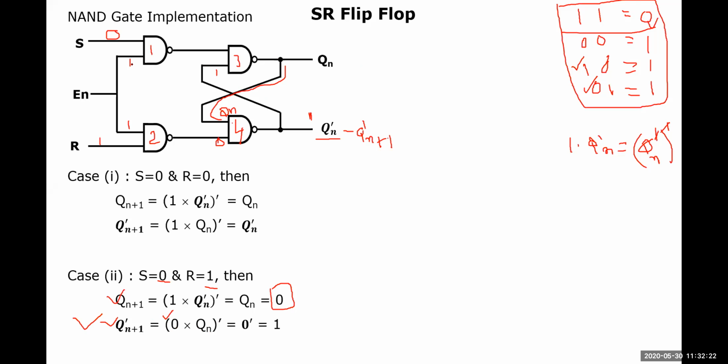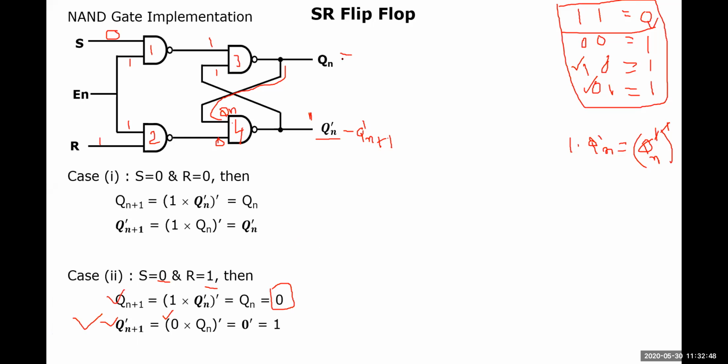First NAND gate output will be 0, 1 as input for first NAND gate, and output will be equal to 0. So, sorry, output is not equal to 0, it is 1 actually. So 1 into 1 whole complement equals 1 complement, 1 complement equal to 0.